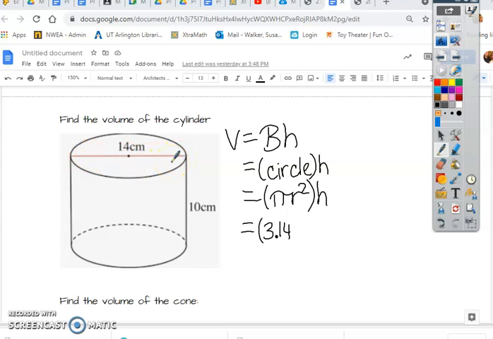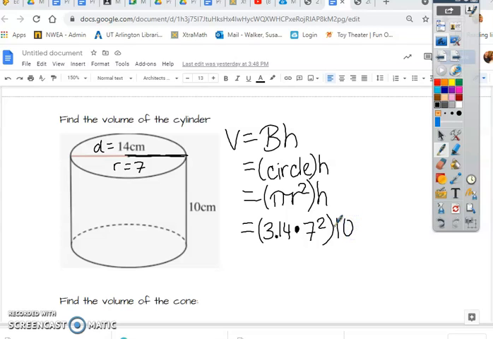And hopefully you know it's not, because it should be diameter, okay? So the radius is actually 7. It only goes to the center, okay? So 3.14 times 7 squared, and then the height is 10, okay?